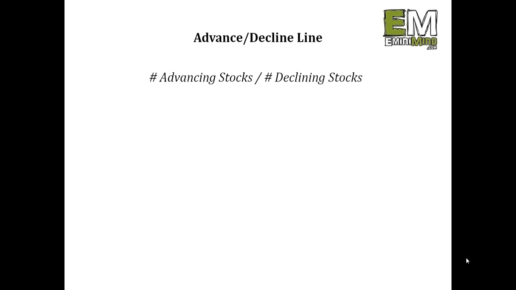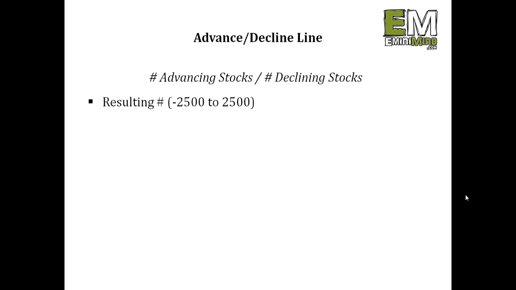We're going to talk about the advanced decline line as one entity, but within that you have the advanced decline line ratio and the advanced decline line net sum. I hope that doesn't make it too confusing, but it gives you a resulting number between negative 2,500 and positive 2,500.